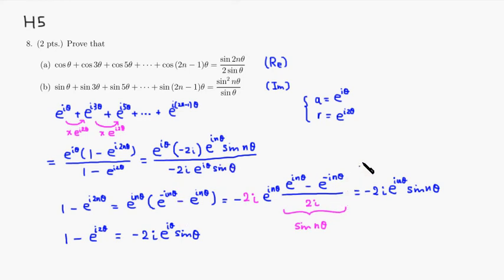Then we can cancel things out. You can cancel negative 2i with negative 2i, and there's an e to the i theta here and an e to the i theta there.